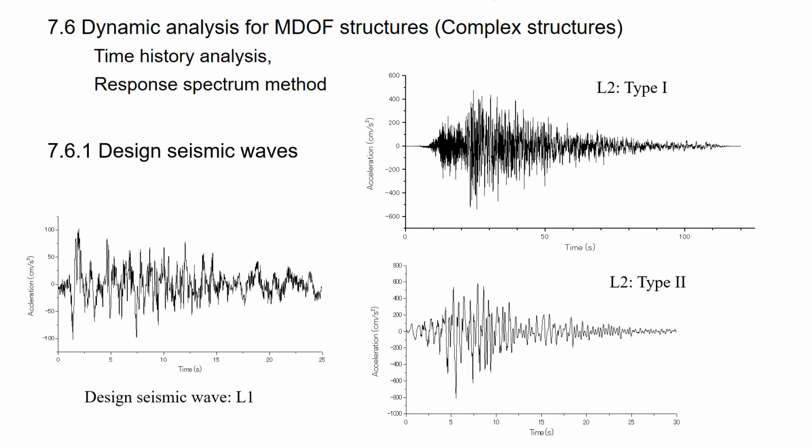These are the design seismic waves for L2 earthquake type 1 and type 2. Please note, in type 1, the duration time is long and the dominant frequency is relatively long. In type 2, the duration time is short and the dominant frequency is relatively short.